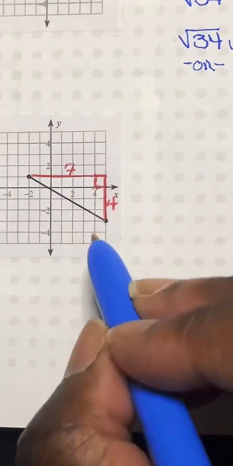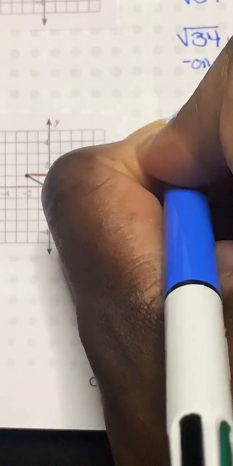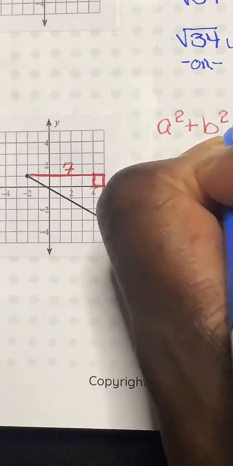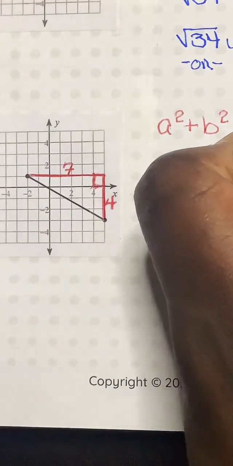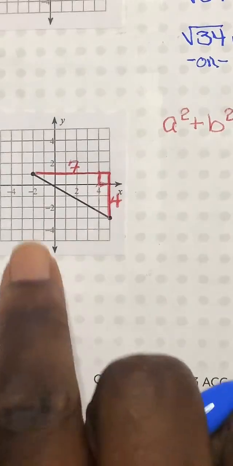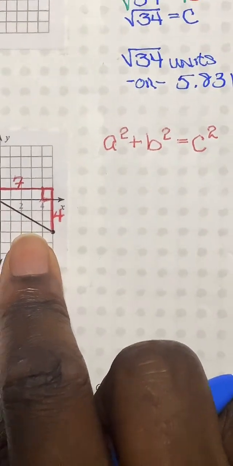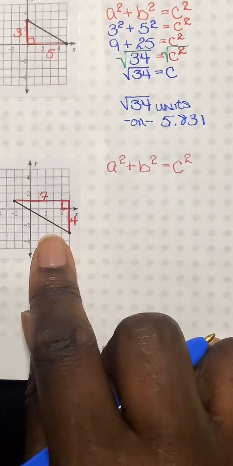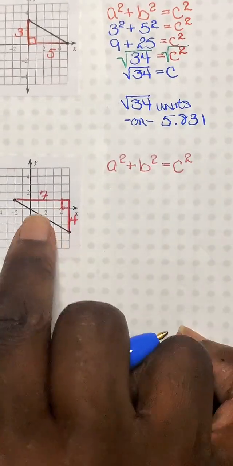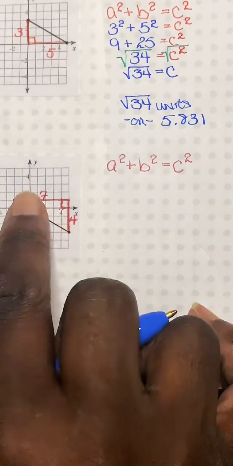All right. Now, let's get into it. We've got our a squared plus our b squared equals our c squared. The c squared is the longest side that we're looking for. The legs are interchangeable.